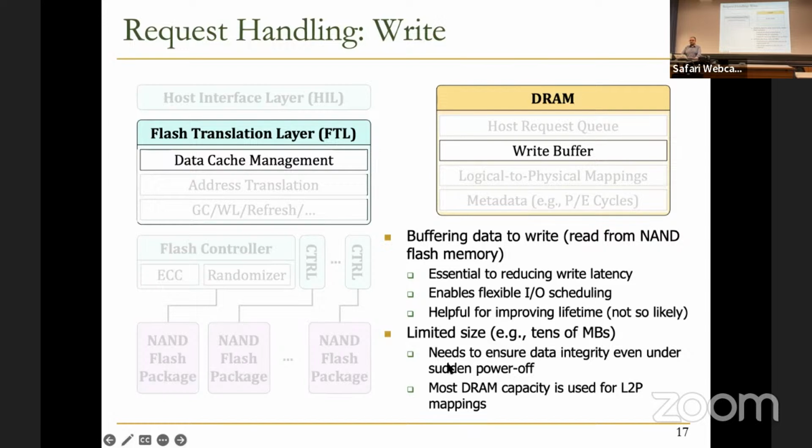For example, people try to build a write buffer with phase change memory. You can check out some papers that try to make a hybrid phase change memory and flash technology. There are also some other works that are commercially prepared, where people use SLC mode of flash as the write buffer.